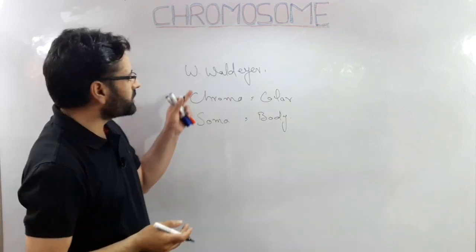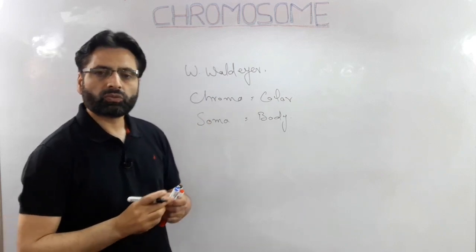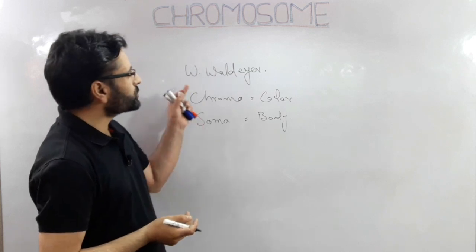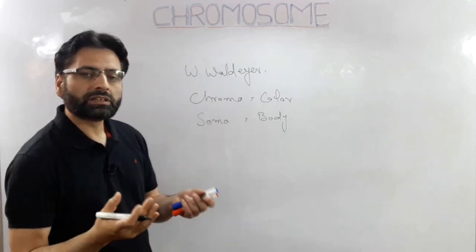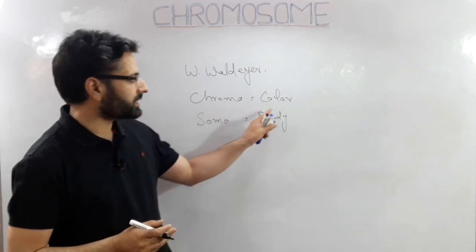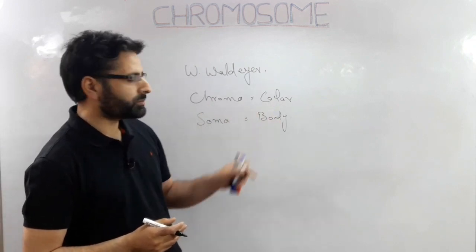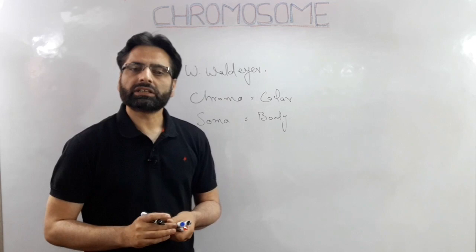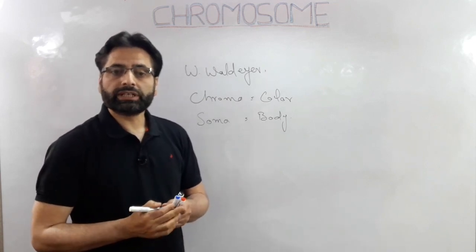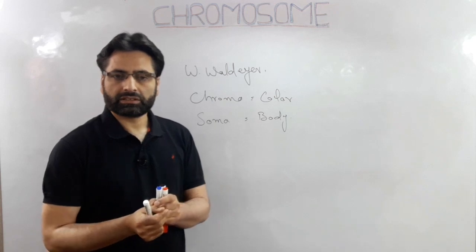The term chromosome was first introduced by Waldeyer in 1888, and it literally means the colored body. In Greek, chroma means color and soma means body, that is, a body which has a color. But it is important to mention that the chromosome in itself does not have any color.